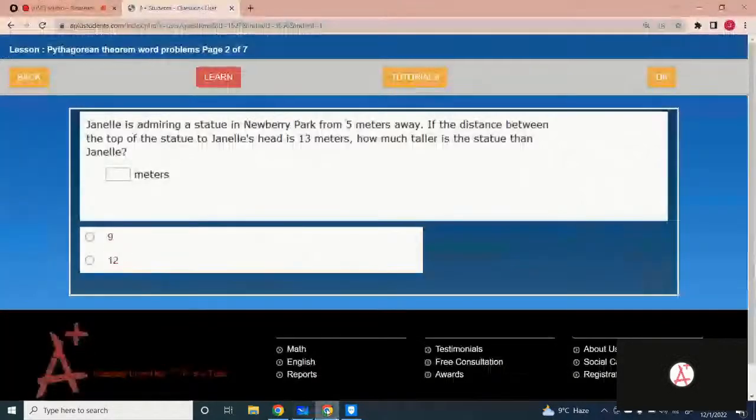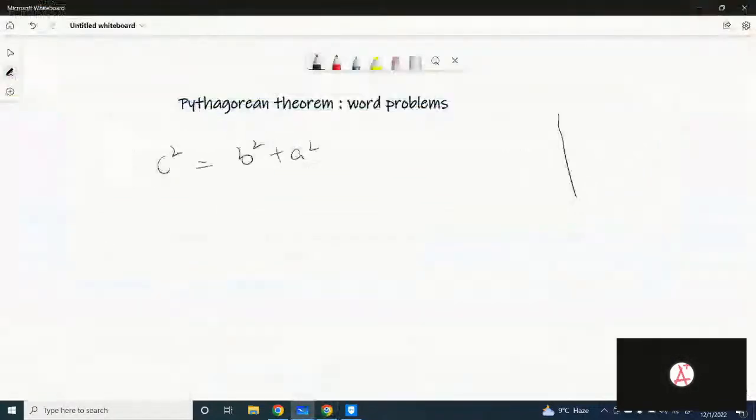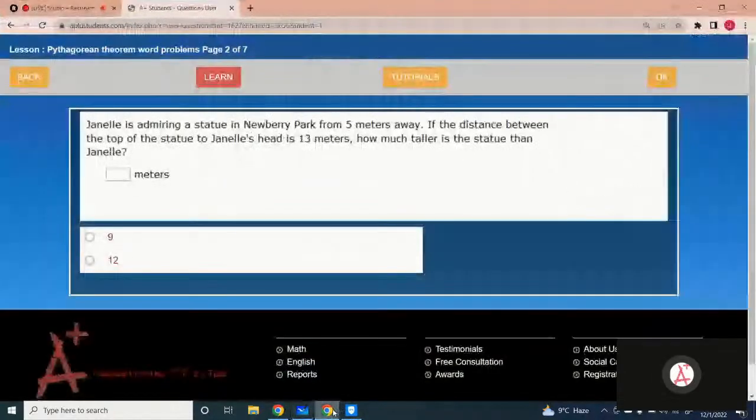Okay, this is the statue and here is Janel. She is standing 5 meter away from the statue. Then if the distance between the top of the statue and Janel's head is 13 meter, how much taller is the statue than Janel?